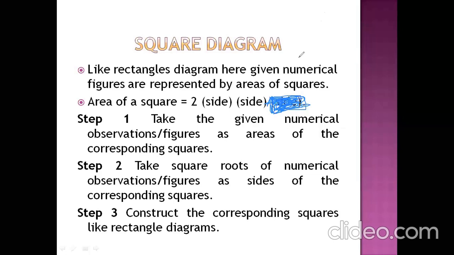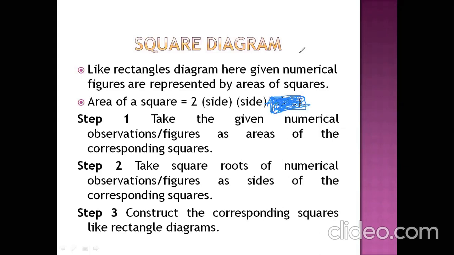Since all sides of the square are the same and the square diagram is represented as the area of a square, the length as well as the width of the square should be equal to or proportionate to the square root of the given data. If more than one square is drawn in a single diagram, the basis of all the squares must lie on the same line. Okay. So those are the steps.